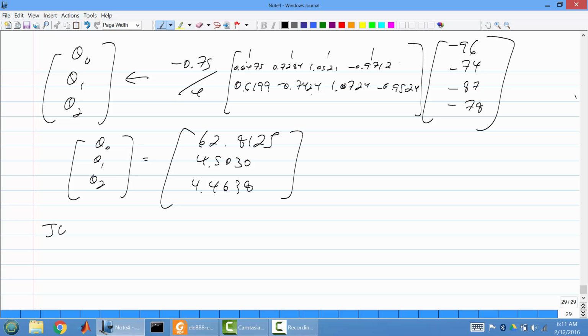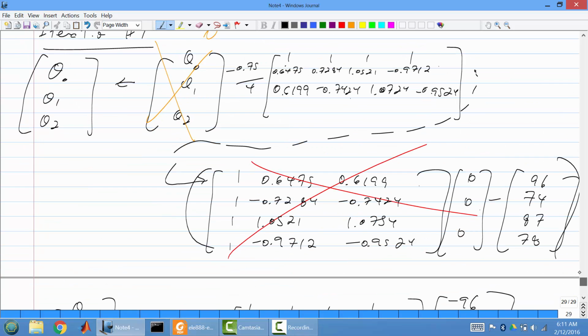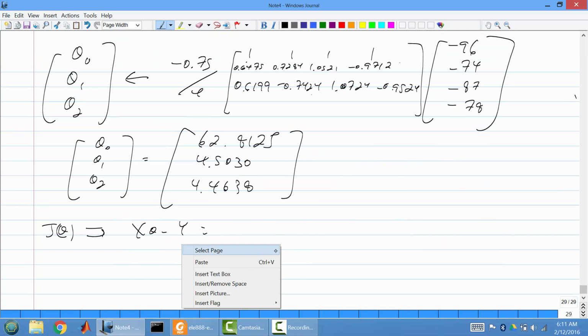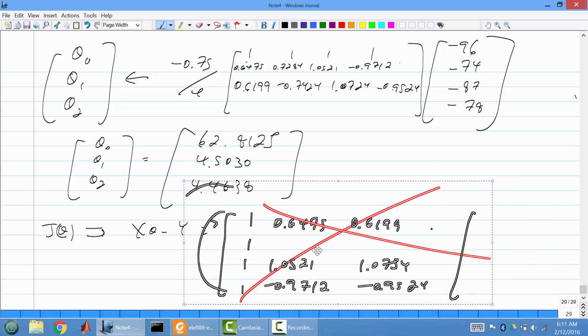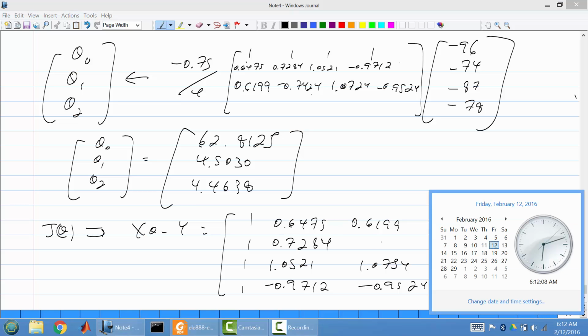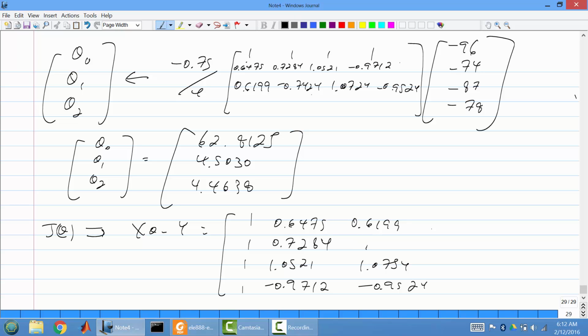And you want to compute the cost. Remember, we should probably compute x theta minus y. It's a good idea to do this so that you're using it for the next iteration. In this case, you take the X matrix, which is this guy here. I'll copy it and remove what I don't need. This is 0.7284, minus 0.7424.